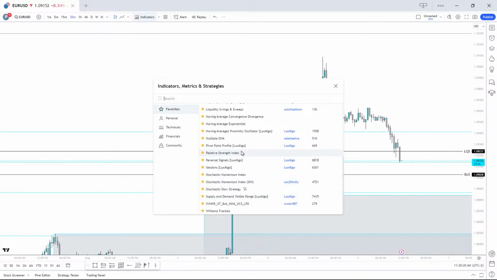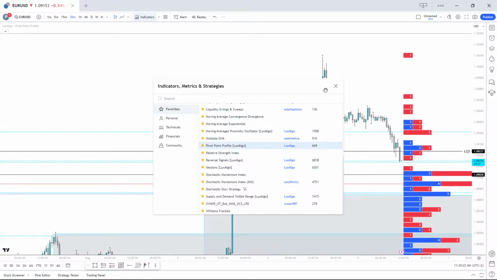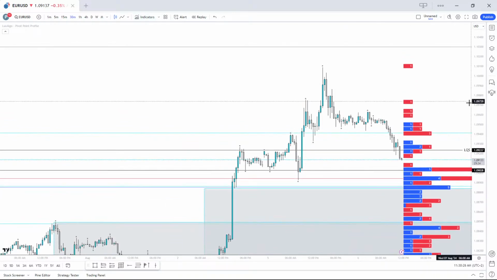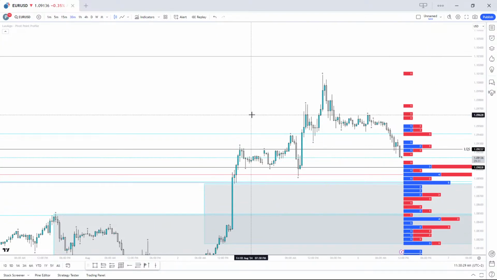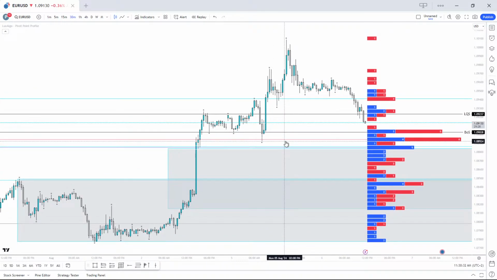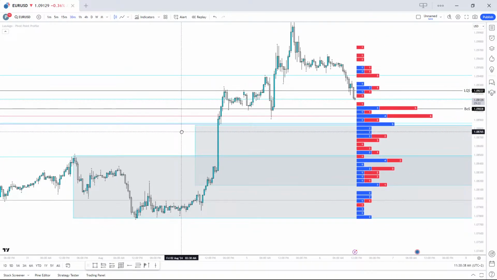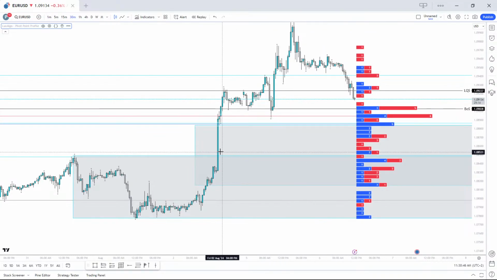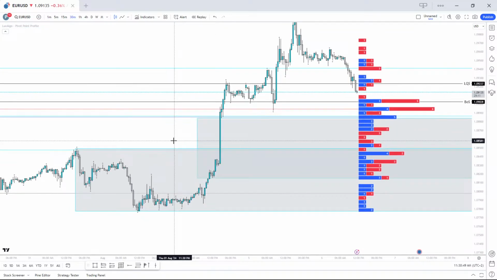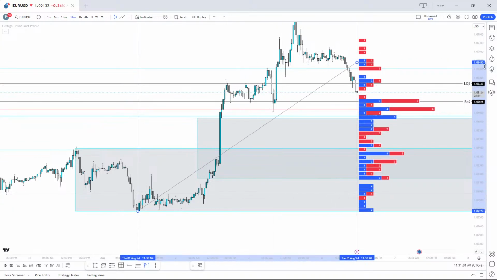So we got pivot point profile, Benelux algo. Let's see. Let's try adding a volume profile too.